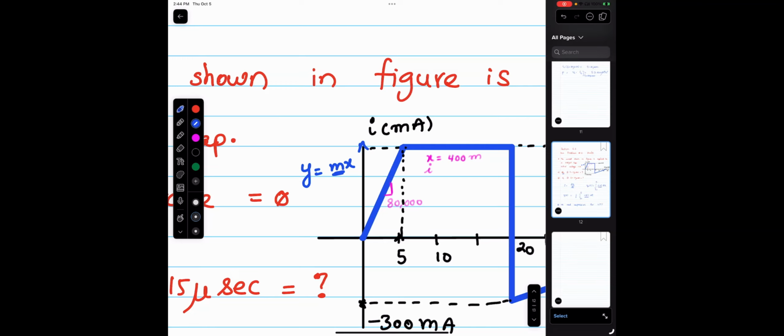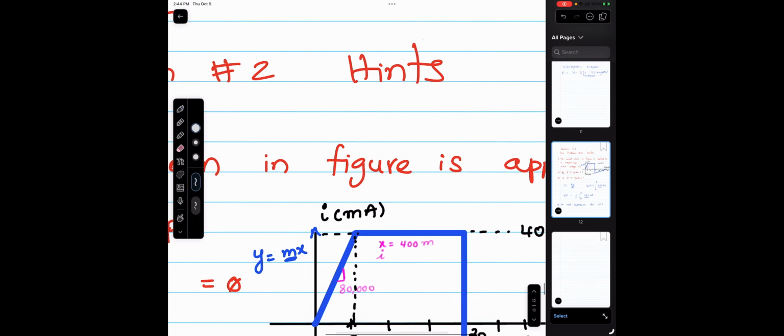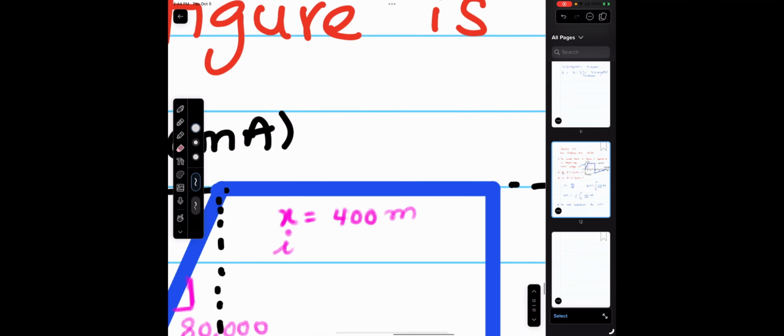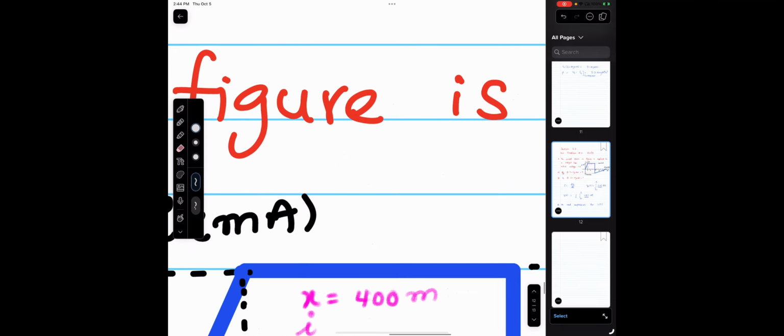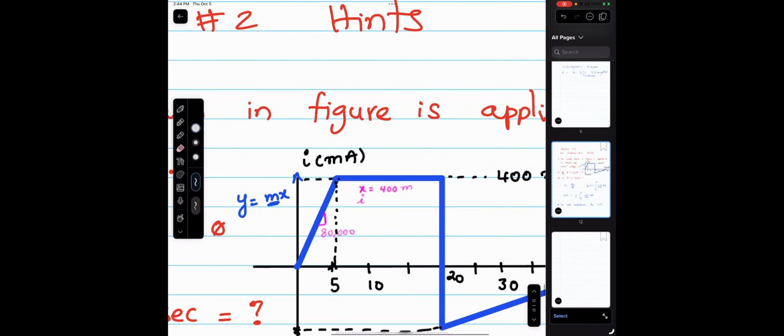We can calculate the slope. Similarly, the horizontal line segment can be written as y equals some constant, because it is a straight line with slope 0, right?